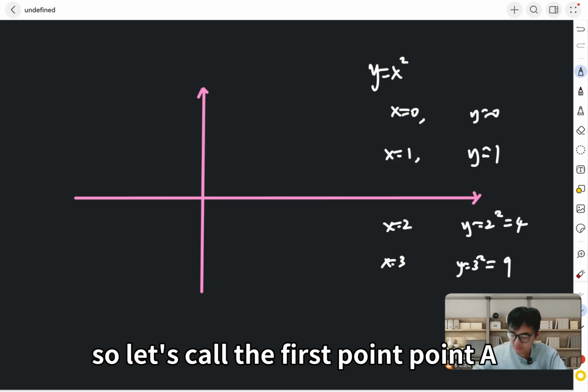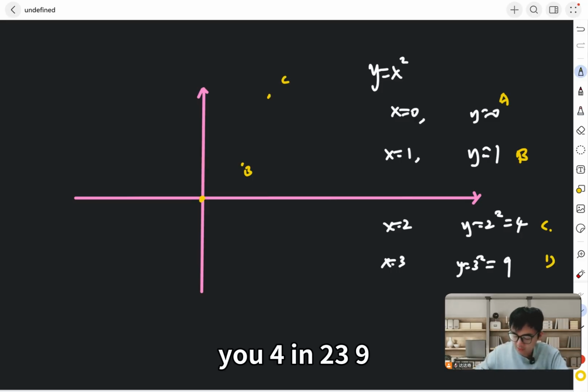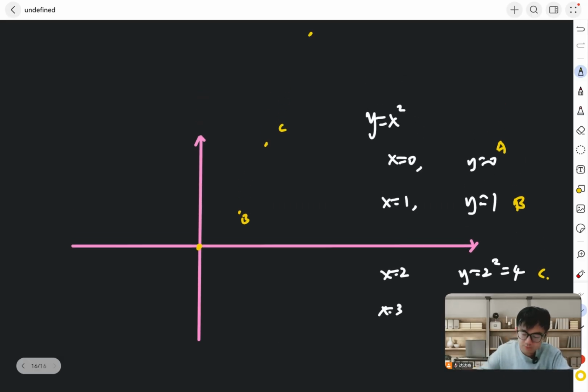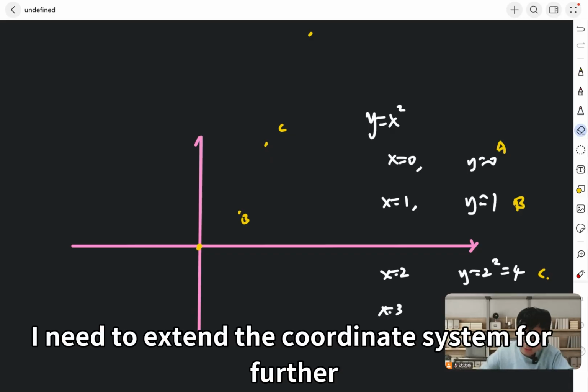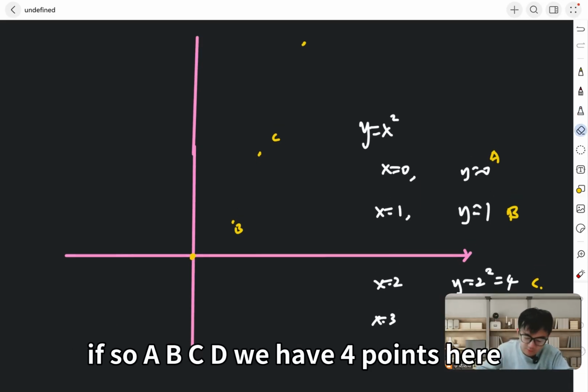Let's call the first point A, then B, point C (2, 4), and point D (3, 9). I need to extend the coordinate system further. Okay, so A, B, C, D, we have 4 points here.